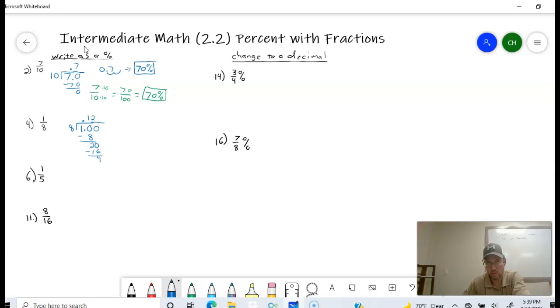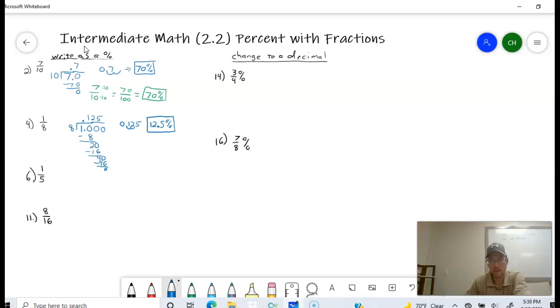You get 4. Do another 0 because 8 won't go into 4. 8 goes into 40 5 times, which is 40. So I won't have a remainder. So I have 0.125. Convert that from a decimal to a percent. I get 12.5%.